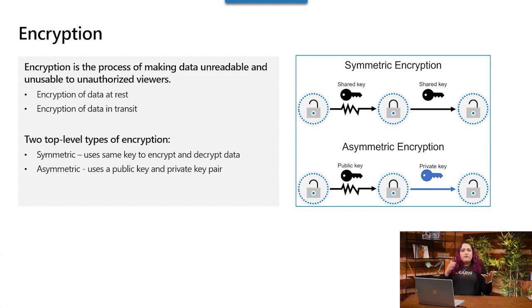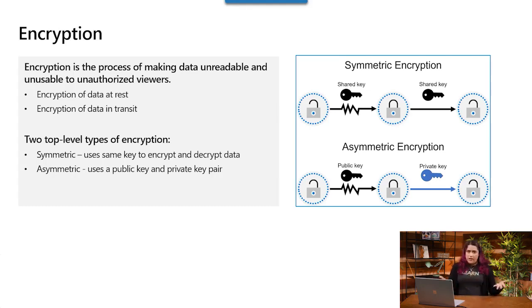Now, you might have heard phrases in the past like encryption in transit or encryption at rest. What this means is how the data is protected when it's stored, or how it's encrypted when it's moving. Encryption at rest means that when your data is stored, let's say on a server or in a database, it's all scrambled up, and you have to have that key to unscramble it.